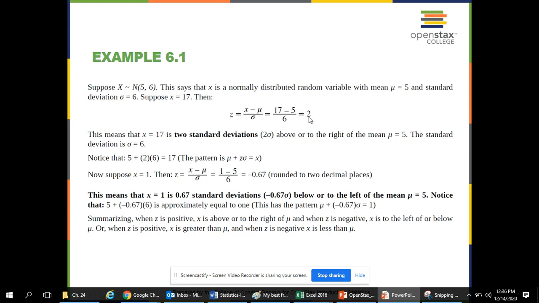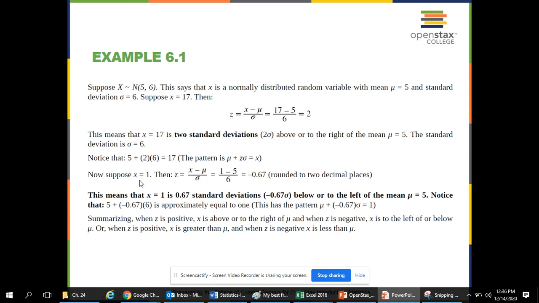So this score of 17 is 2 standard deviations above the average. So 2 standard deviations above or to the right of the mean. Standard deviation is 6. So here we can also show that 5 plus 2 of those standard deviations takes us to 17. You don't really need to go through and check your work like that.